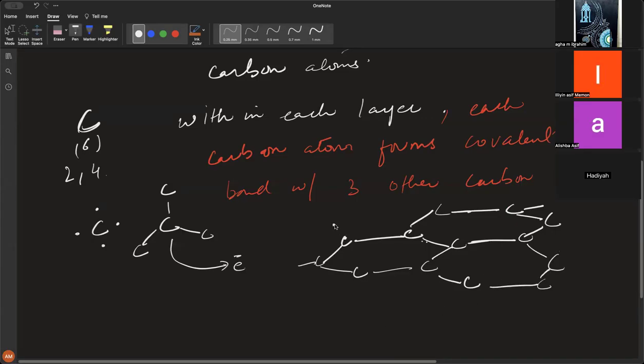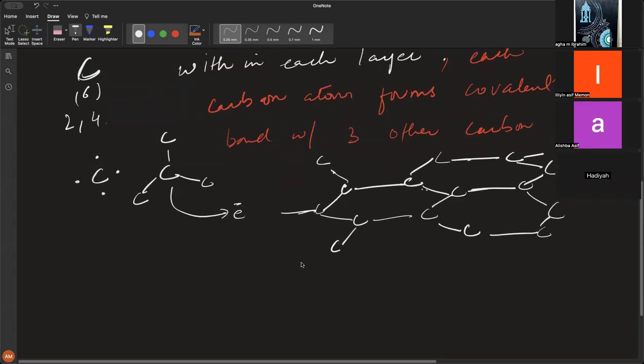This is one layer, and then there is going to be another layer.